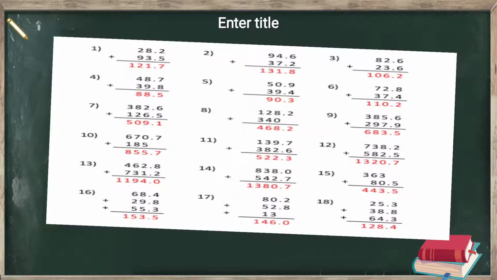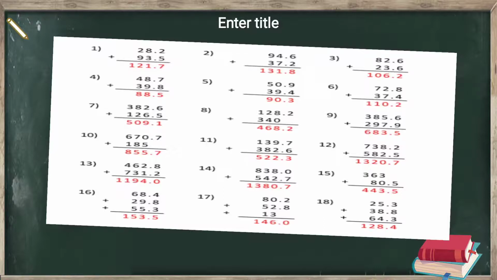So, 2 plus 8, 10. 1 carry. 2 plus 3, 5 plus 1, 6. 8 plus 5, 13 plus 1, 14. So the answer is 146. So, students, I am repeating this, that proper lineup means proper arrangement of the digits should be there.